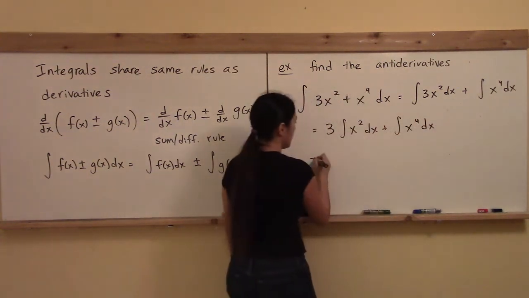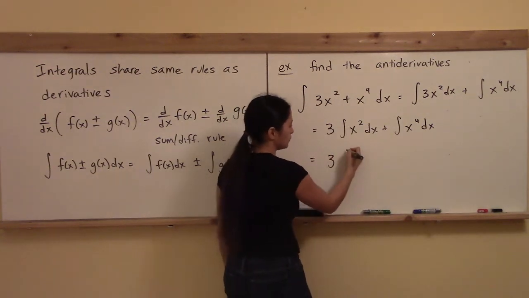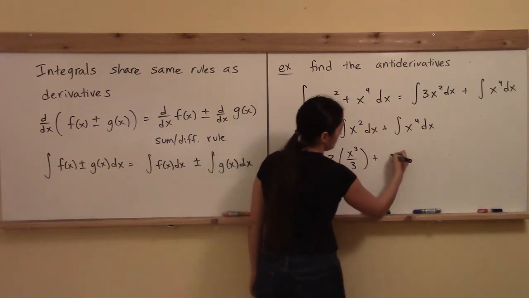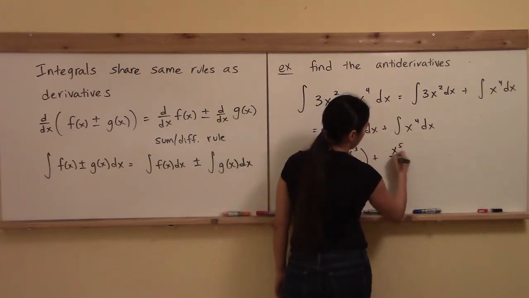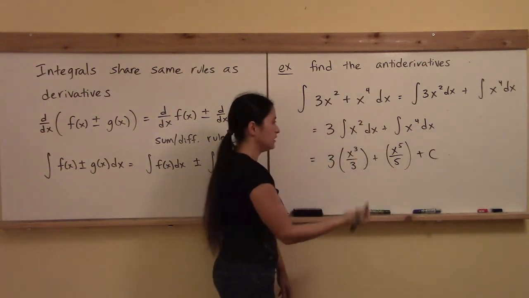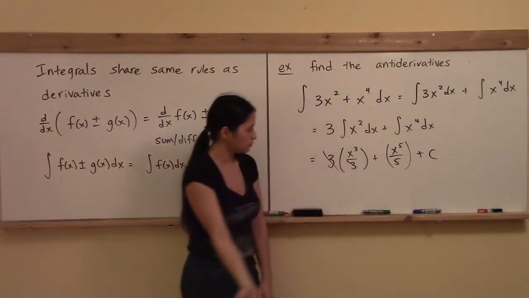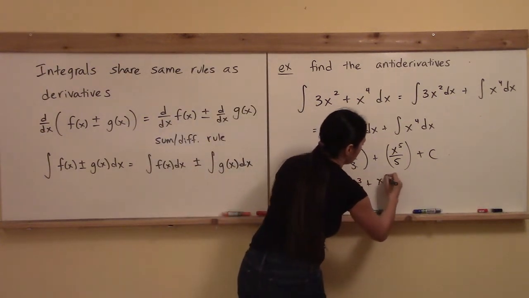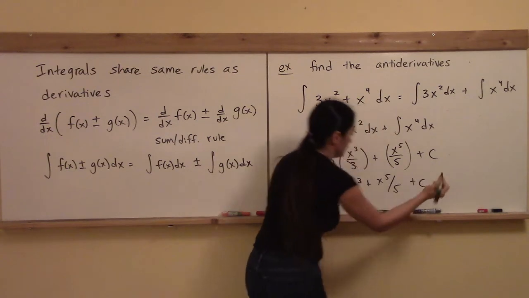And then you can see how it would just come down to applying the rule that the x squared goes to x cubed over 3, and the x to the 4 goes to x to the 5 over 5, and then don't forget the plus c. Okay? You might want to simplify that by canceling the 3's right there, so that the answer would be x to the 3rd plus x to the 5 over 5 plus c.